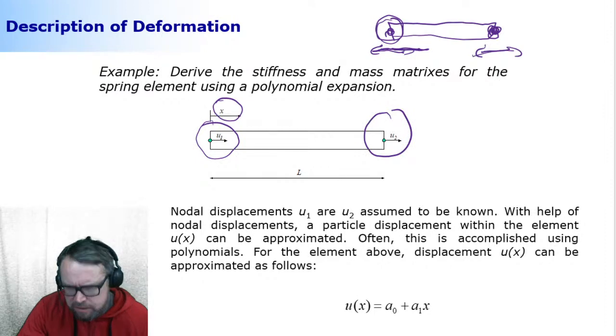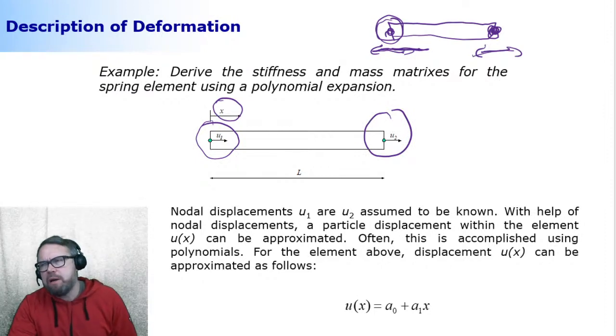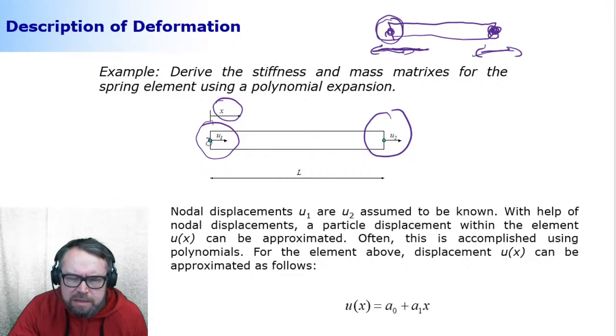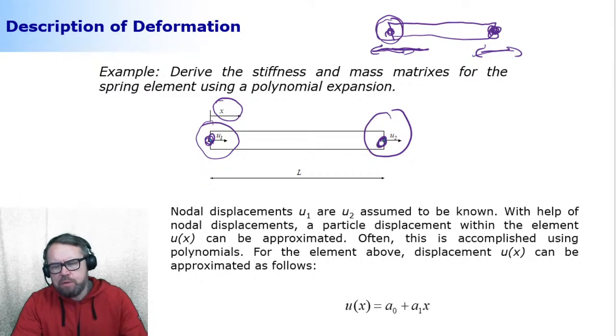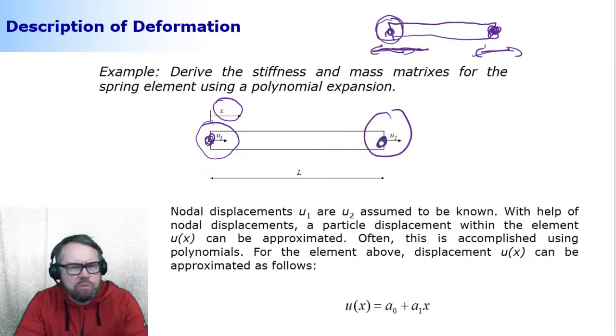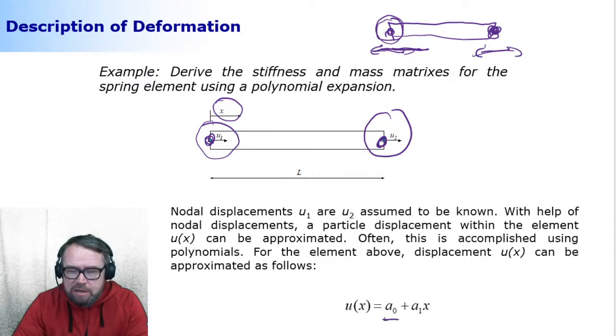So what we're going to do in finite element modeling is approximate the behavior between these nodes by using polynomials. Now we have an element with 2 degrees of freedom, so we're going to select a polynomial with 2 unknowns, 2 polynomial coefficients. Don't worry, we're going to get back to this a number of times. So we're going to use a polynomial, a0 and a1 multiplied by x.